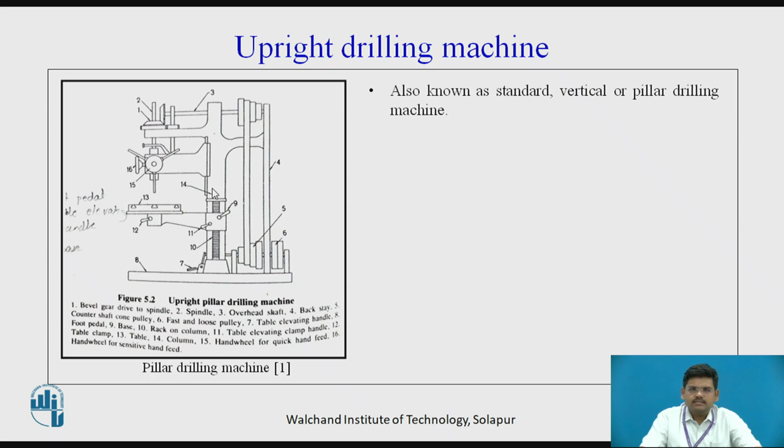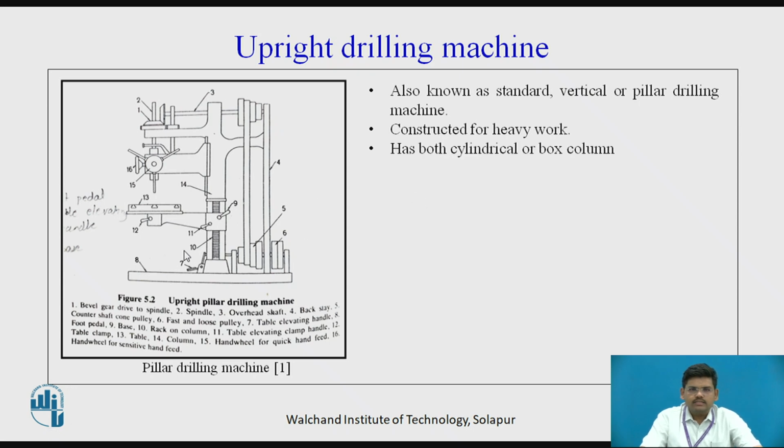Now these machines are also called standard or vertical or pillar drilling machines. So the upright drilling machine, what you can see on screen, is a single spindle machine, which is also called a pillar drilling machine. The construction of these machines is meant for heavy work. So heavy drilling operations can be performed using upright drilling machines.